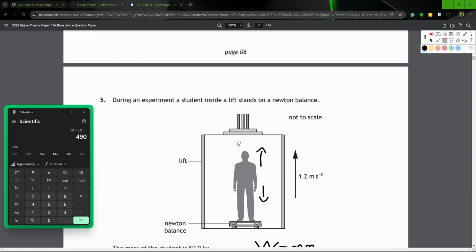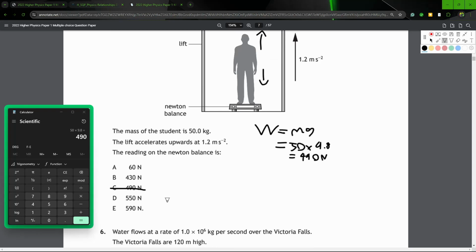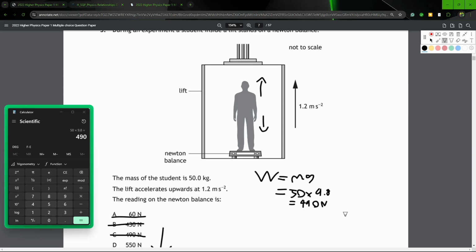And what will we expect to happen? Well, if it's accelerating upwards, that means the student will be pushed into the ground more, right? Because the lift is applying a force on the student. So we're going to expect it to be higher. So it's going to be D or E. So we don't think it's going to be B or A.